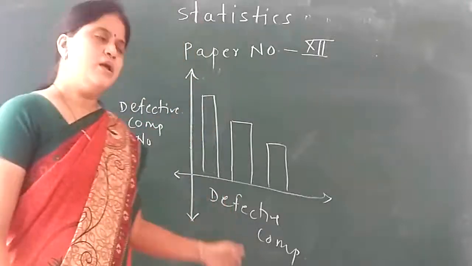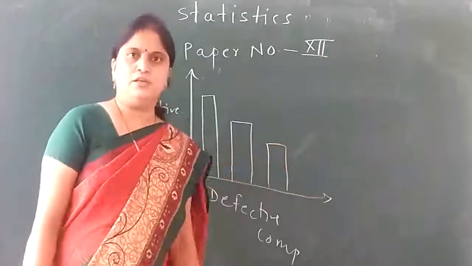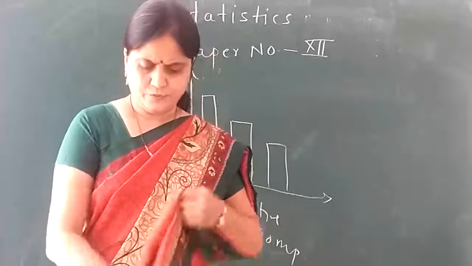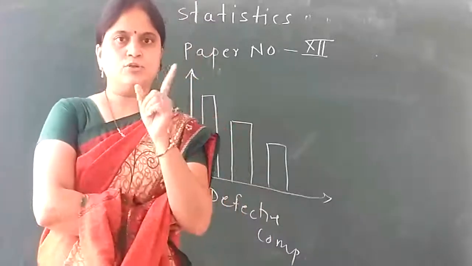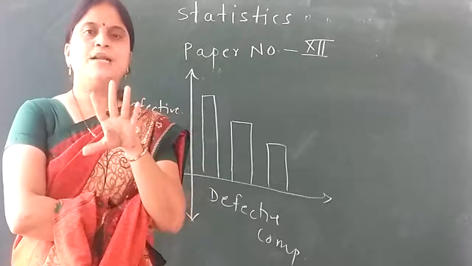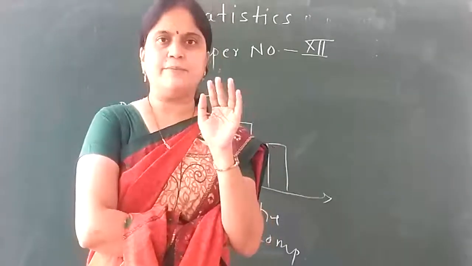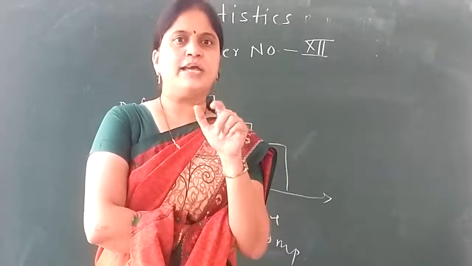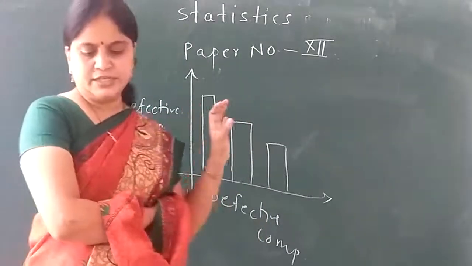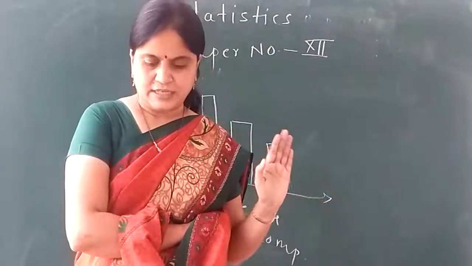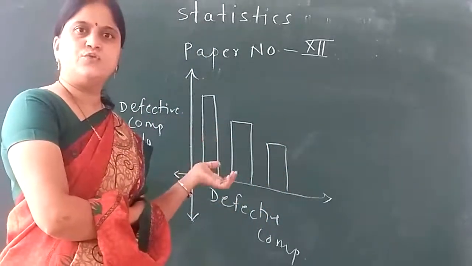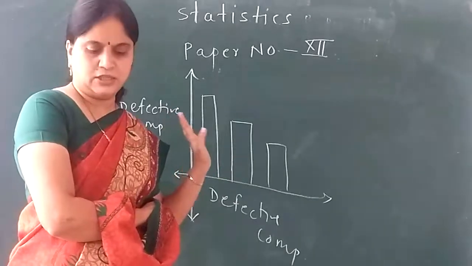So in the Pareto chart, the bars are arranged in descending order. So what I say, the Pareto chart was given by the Italian economist Vilfredo Pareto, and hence the name. The Pareto chart is used in the measure and analyze stage of the DMAIC cycle. Again, it looks like a bar diagram, with all the bars arranged in descending order of magnitude. On the x-axis we have the defective component, and on the y-axis the defective component number. That is nothing but the Pareto chart.